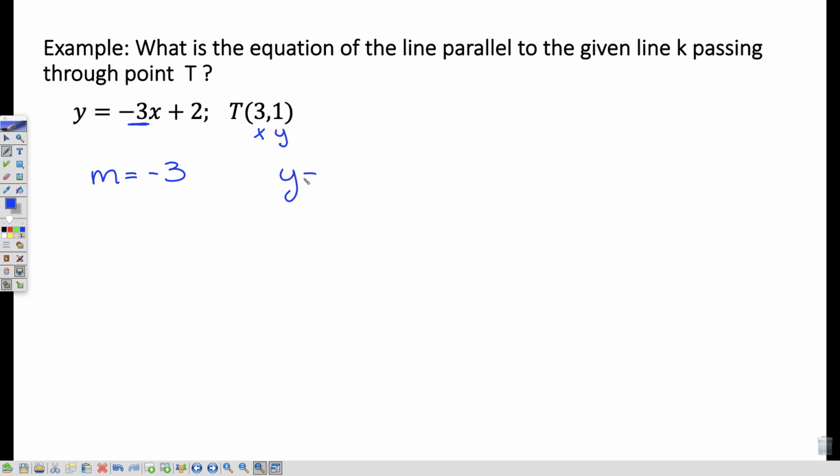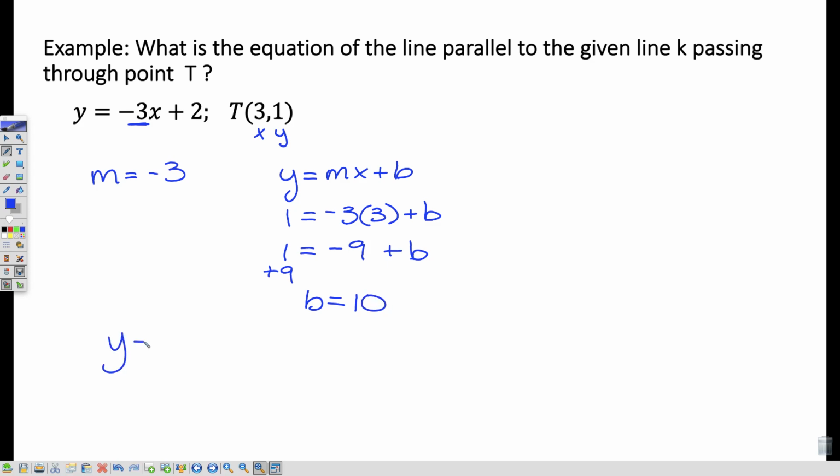So I'm plugging it into y equals mx plus b. What's y? 1. What's m? -3 times 3 plus b. So -3 times 3 is -9 plus b, add 9, so b is what? 10. So y equals -3x plus 10.